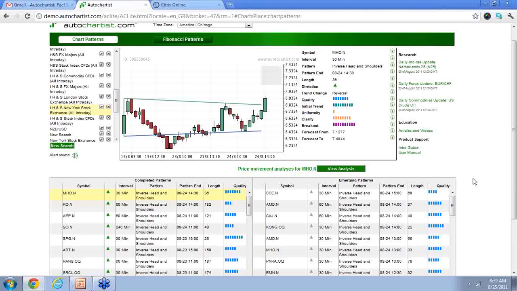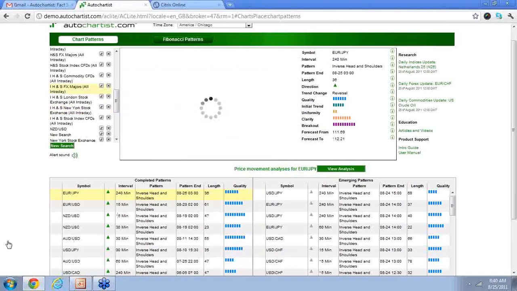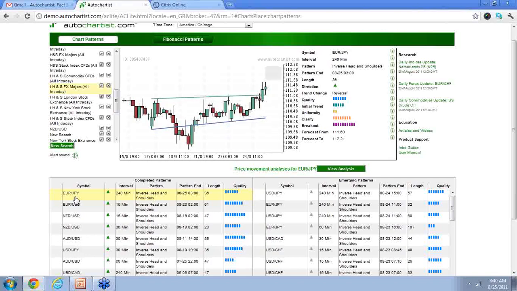Okay, now when we look at these markets, let's look at, say, a currency market, to see if there's any activity taking place. Okay, we have August 25th. There's one particular, a euro yen, that gave us a breakout that's continuing out on its own.